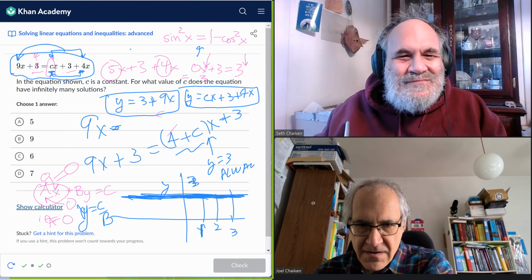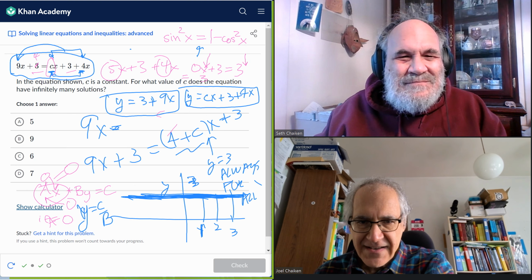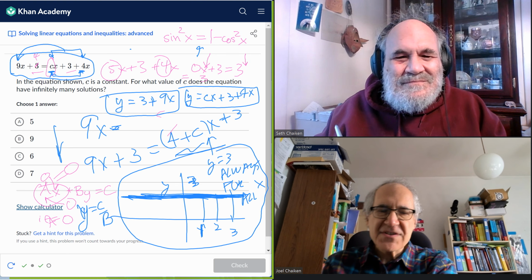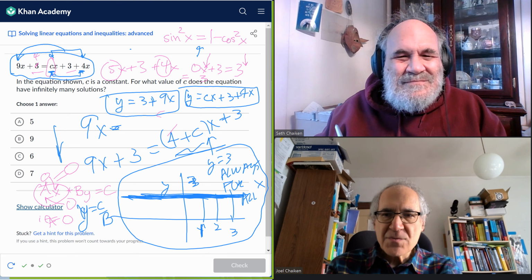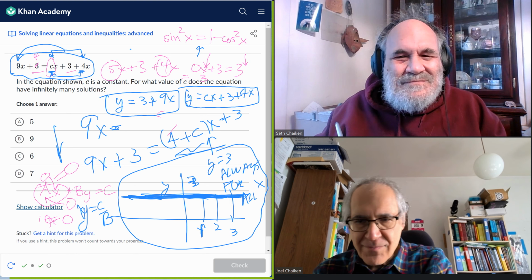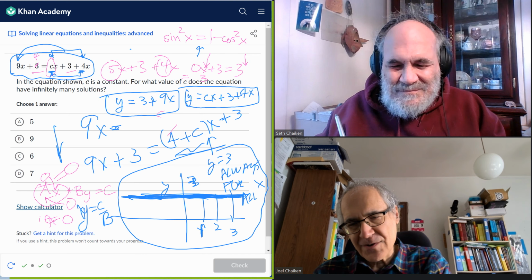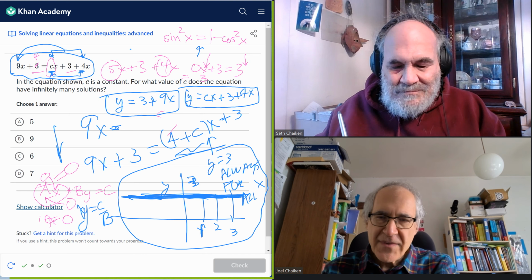And that's exactly what Seth's saying, except here you see it graphically as opposed to algebraically, which is important on the SAT, to be flexible enough to look at problems from different lenses, both the graphical way and the algebraic way.